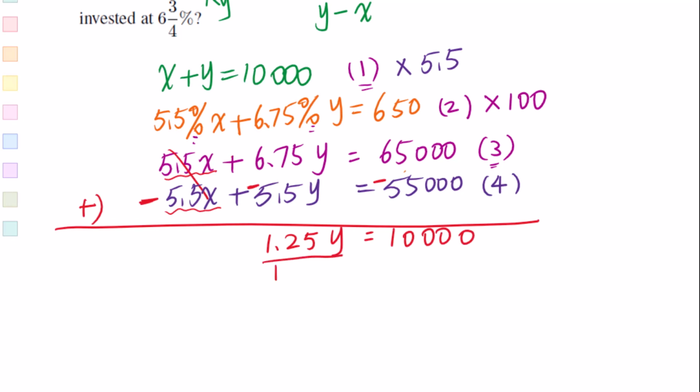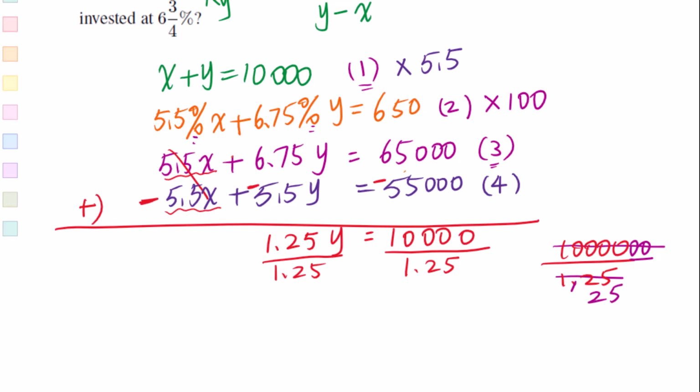Then you divide by 1.25 on both sides. Do this by reducing. Reduce by 5.